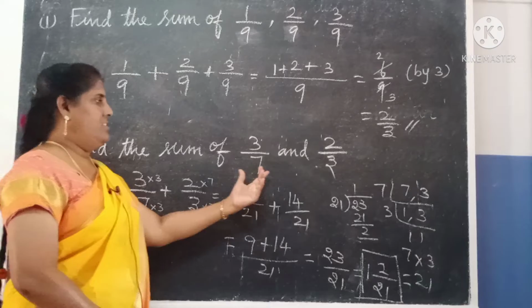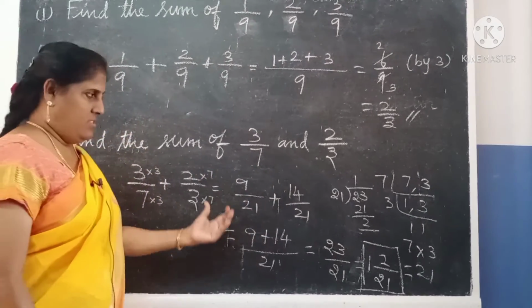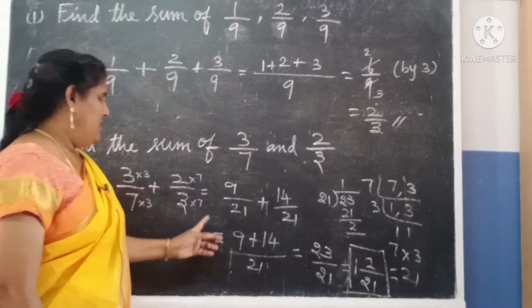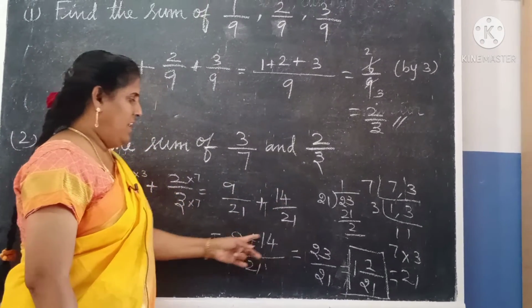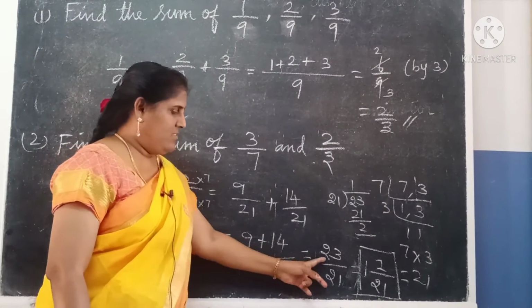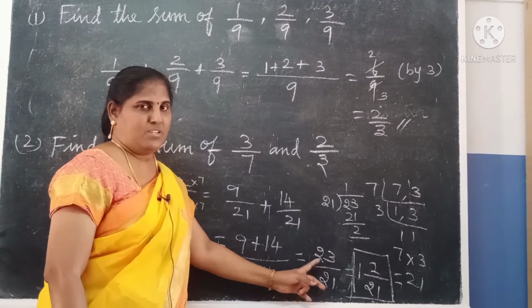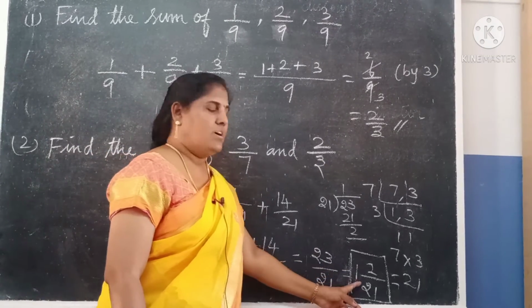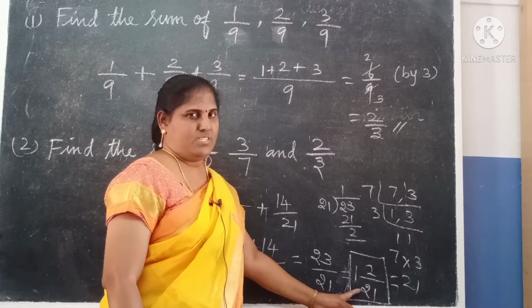But if they give unlike fractions, you just take the LCM and then convert into like fractions. After that, just add the numerators and find the answer. If the answer comes as an improper fraction, you have to change it into a mixed number, mixed fraction.